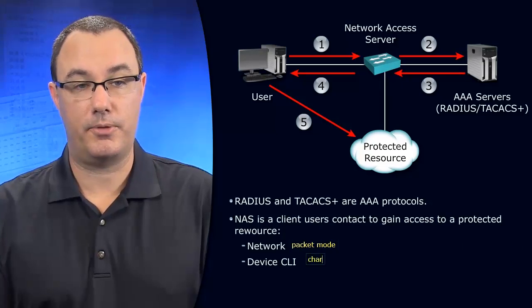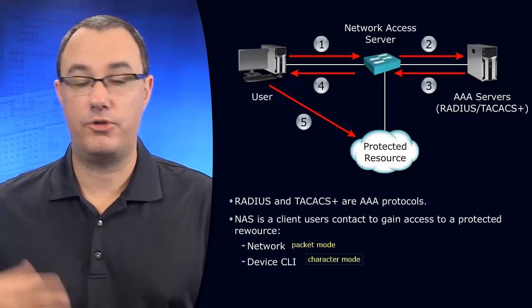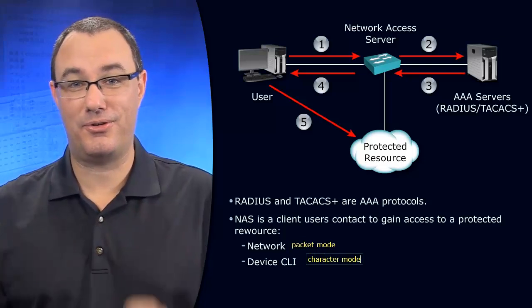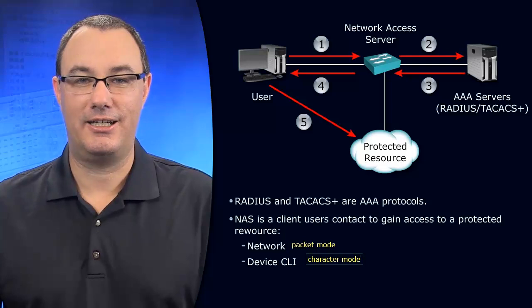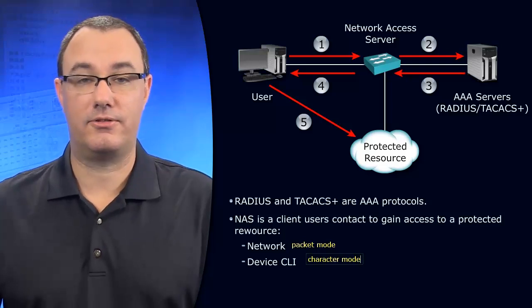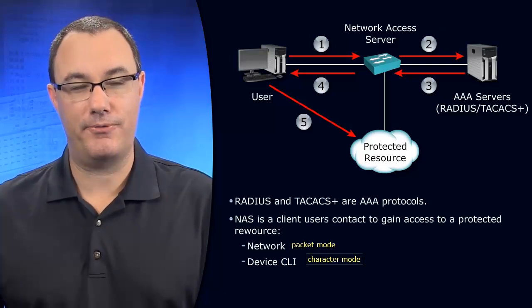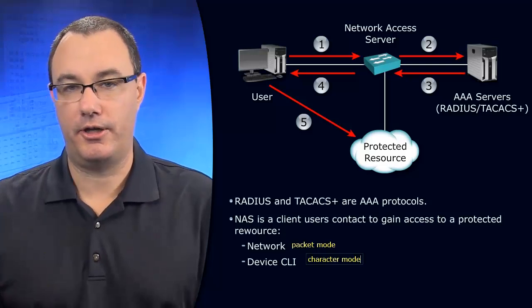And then character mode is where people are typing in characters, keystrokes, and we're relaying those to the VTY lines of the device. So very, very different usage of AAA.